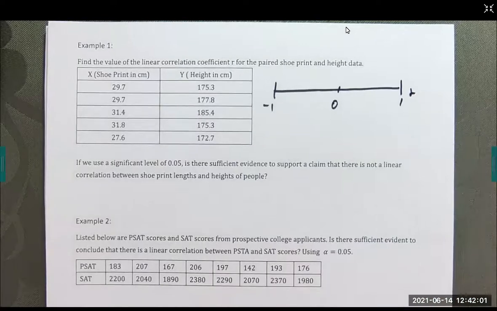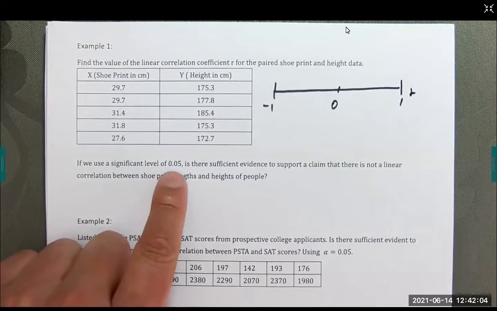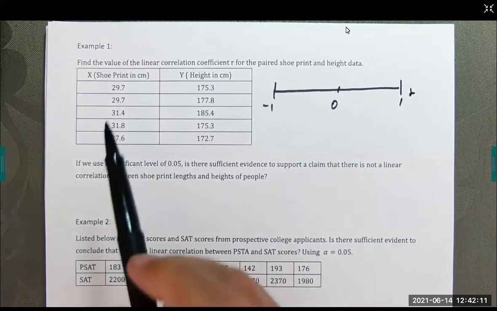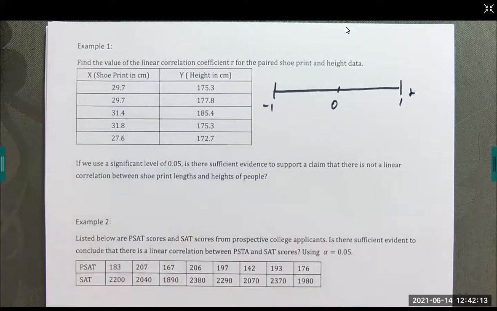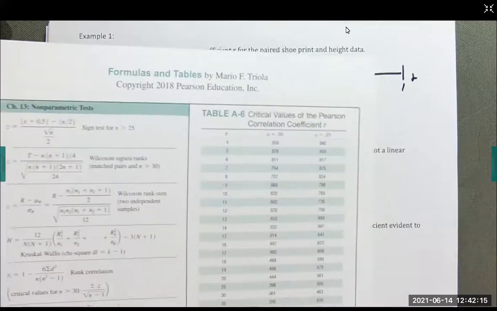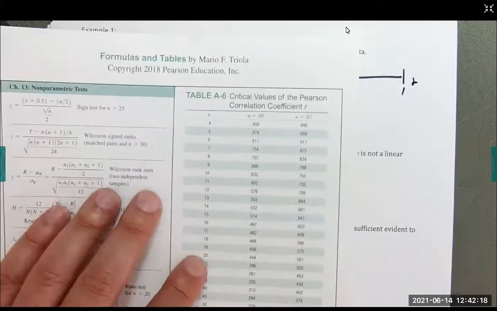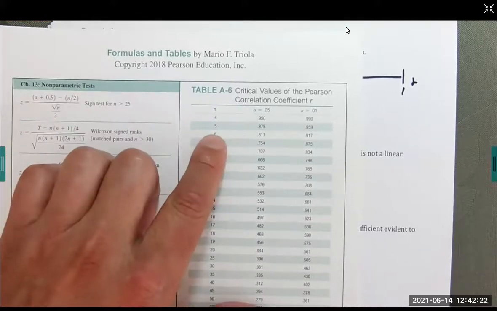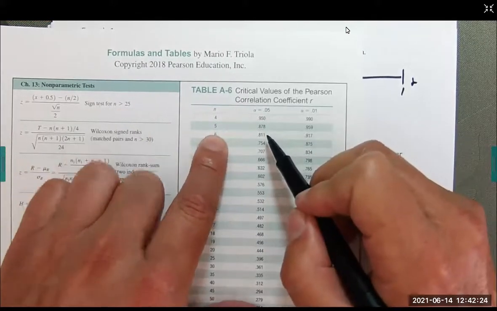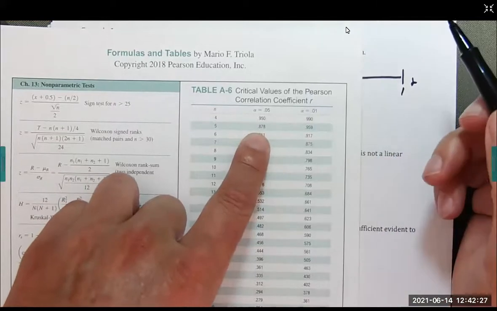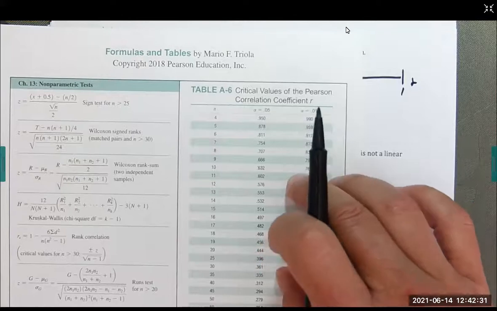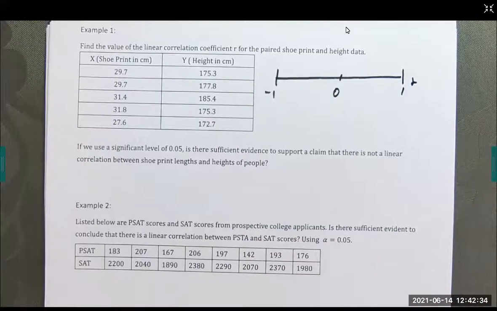To do that, we're going to use 0.05, and N in this case is 1, 2, 3, 4, 5. Here is the table that's with all the other tables you have in Canvas. N is 5, and we're at 0.05. So our barrier here is 0.878. Our critical value is 0.878.